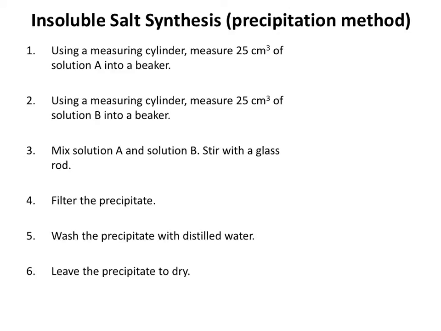When you're describing a method in an exam, it's important that you use quantities of the substances and use the correct laboratory equipment for the measuring. So we're going to measure out 25 centimetre cubed of solution A using a measuring cylinder, and we're going to combine solution A with solution B. So we're going to have 25 centimetre cubed of that measured out in a measuring cylinder, and then we put them together and we stir it.